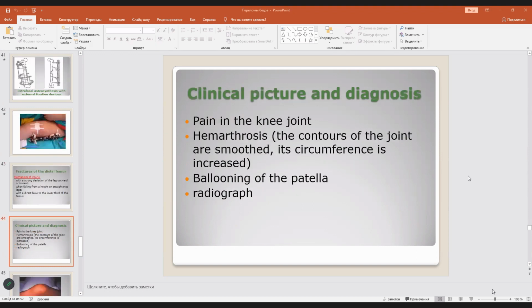Clinical picture and diagnosis: pain in the knee joint, hemarthrosis, the contours of the joint are smoothed, its circumference is increased, ballottement of the patella, and radiograph.